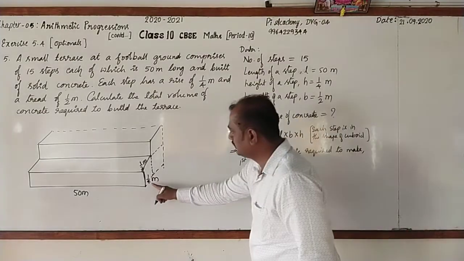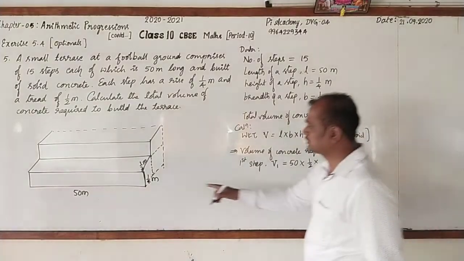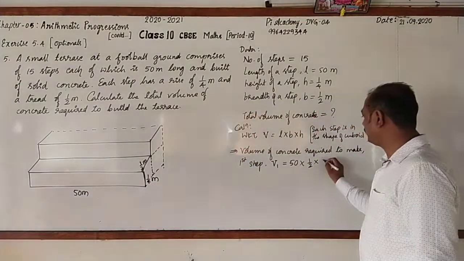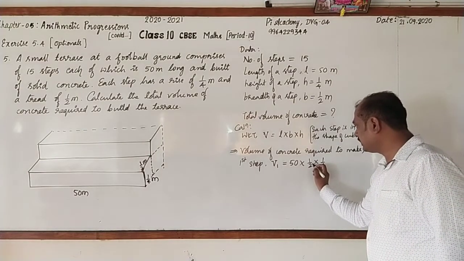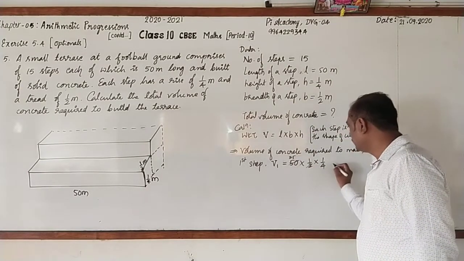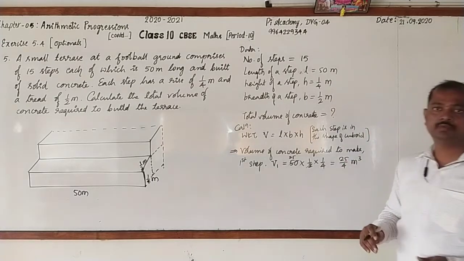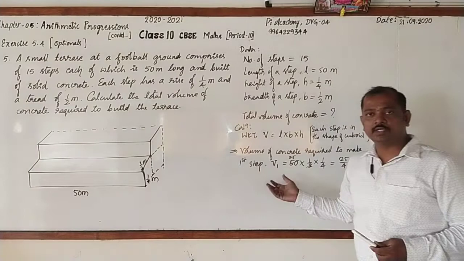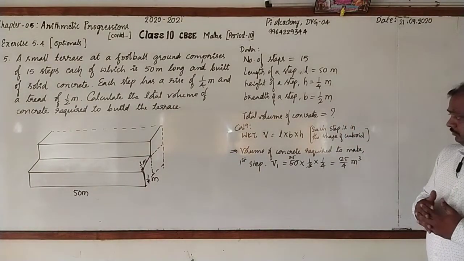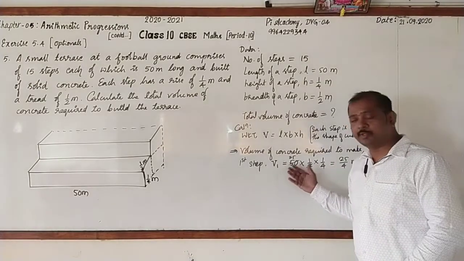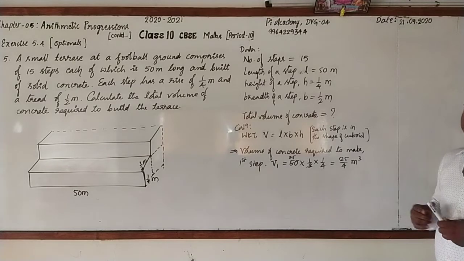Breadth is half meter, and height is 1 by 4 meter. Clear? You can observe it. This can be written as 1 2 25 2. This is 25 by 4 meter cube. Then we know that standard unit of volume is cubic units, and here they are given meter, hence it will be cubic meter.